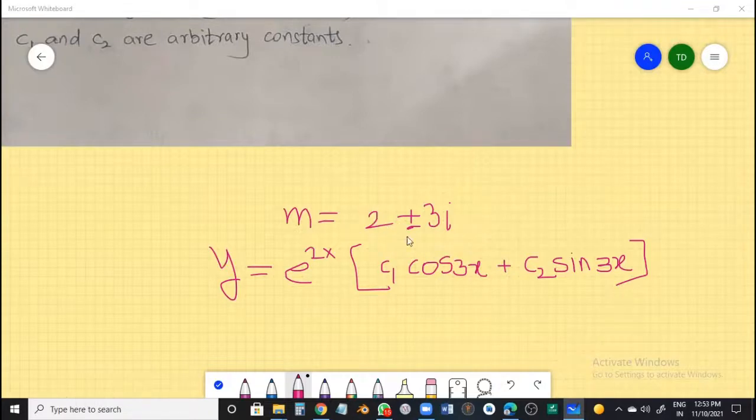You can say 2 is the real part, 3 is the imaginary part. In that case, we have to write the complementary function y is equal to e raised to the real part times C1 cos 3x, where 3 is the imaginary part, plus C2 sin 3x. Got the thing?